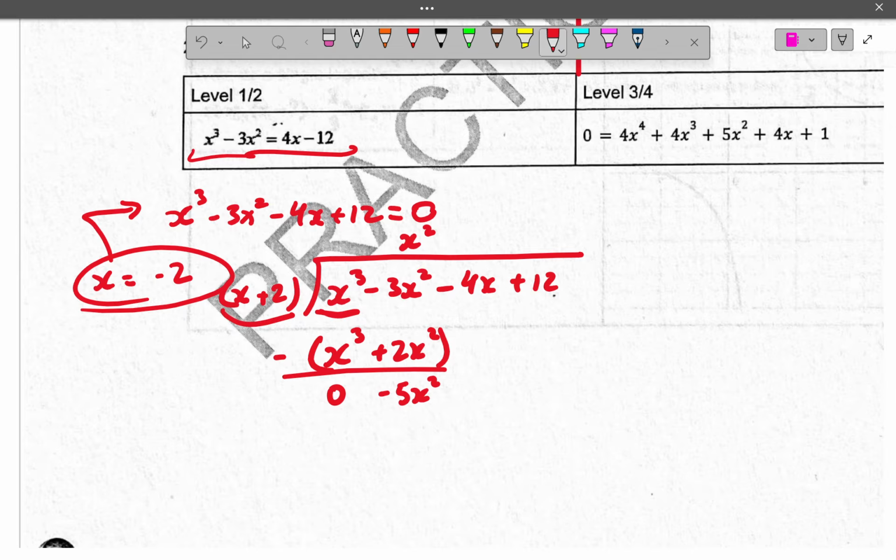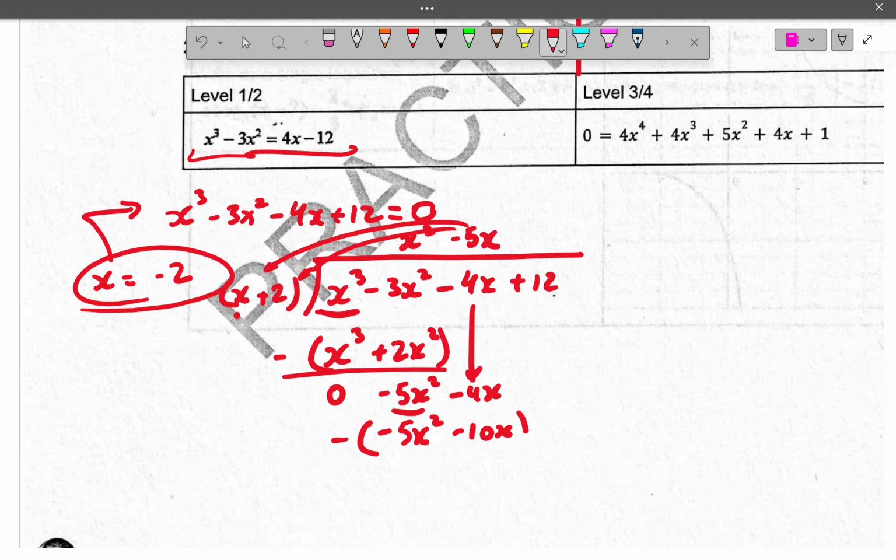And then I need to pull this down. So I need to have negative 5x, because negative 5x, when you multiply it by x, gives you negative 5x squared. And then we're doing the same thing as we did before. Negative 5x times 2 is going to be negative 10x.